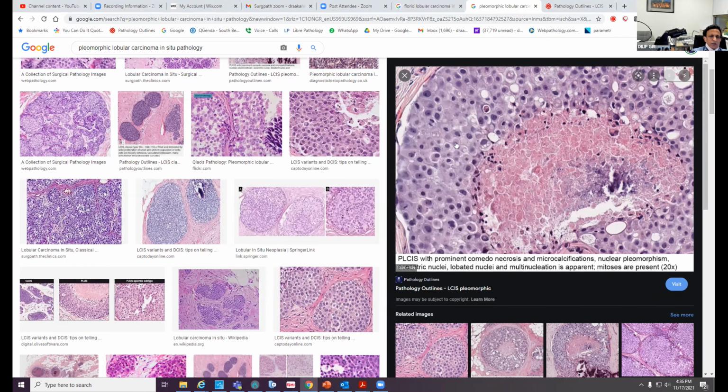There could be a lot of reasons for that. For one thing, I don't see an image here of it, but I can certainly show you later, from my own collection, an example of pleomorphic LCIS arising from the same acinus which also has classic LCIS. So probably something happens clonally, molecularly, that triggers the transformation from classic to pleomorphic LCIS.